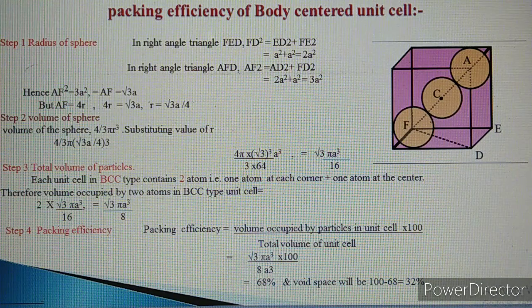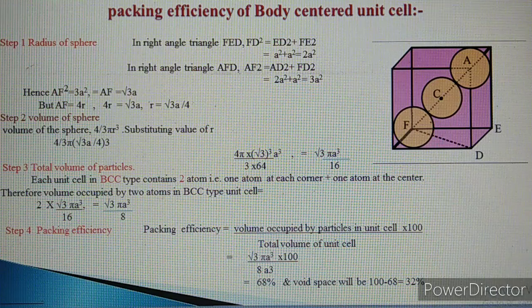So 4 by 3 pi, r cube is nothing but under root 3a upon 4 in brackets, cube. We will maintain the bracket, under root 3 upon 4, and make the bracket cube. If we solve the cube, what will we get? 4 by 3 pi root 3 cube a cube upon 3 into, what is the cube of 4? 4 cubed is 64.